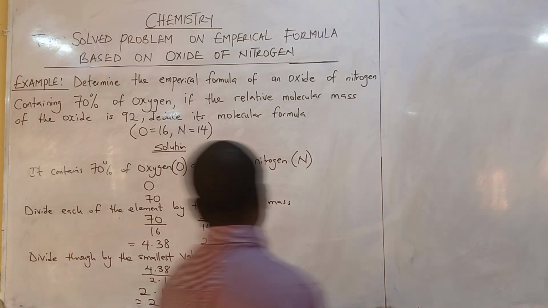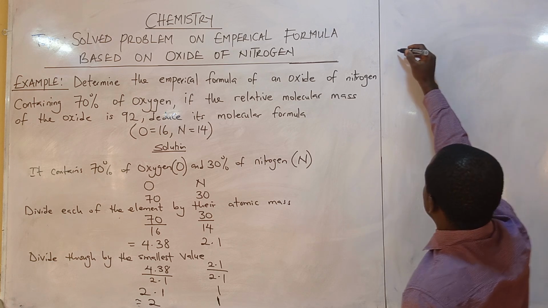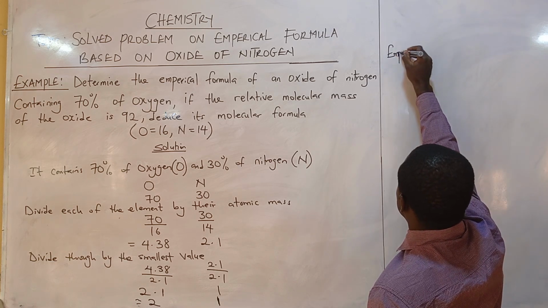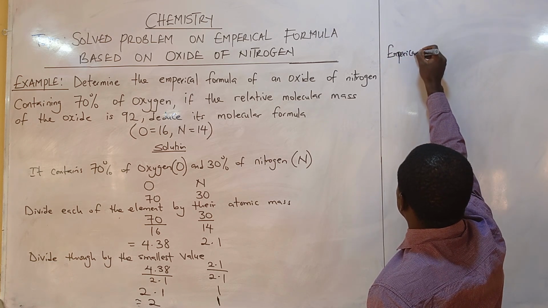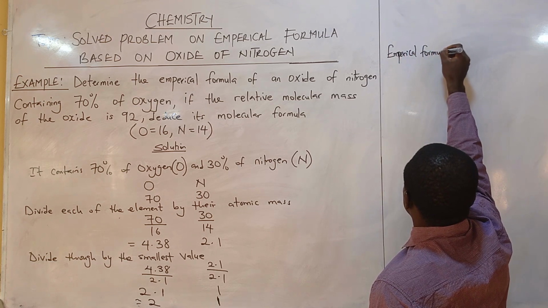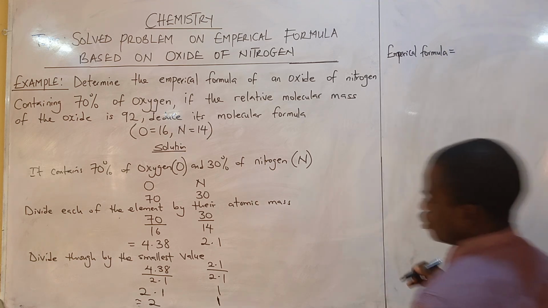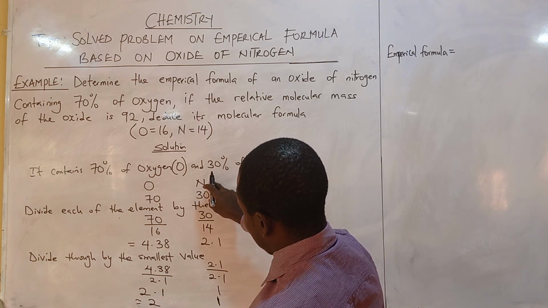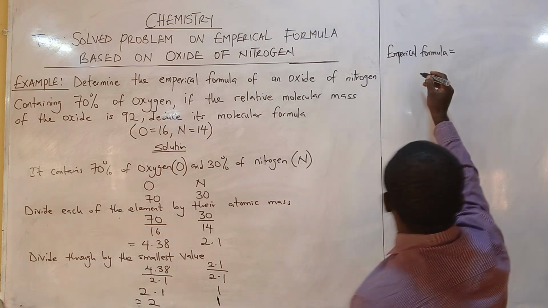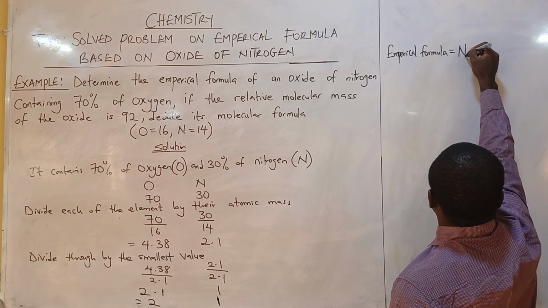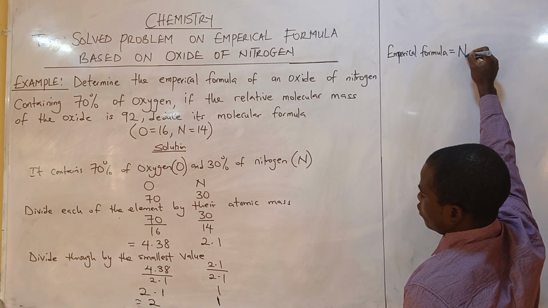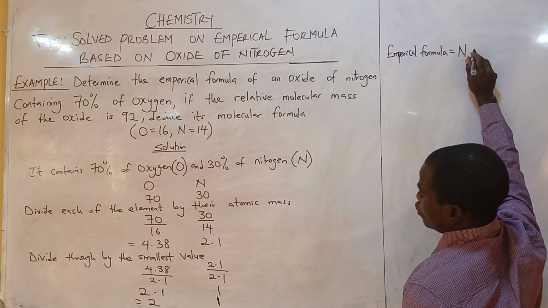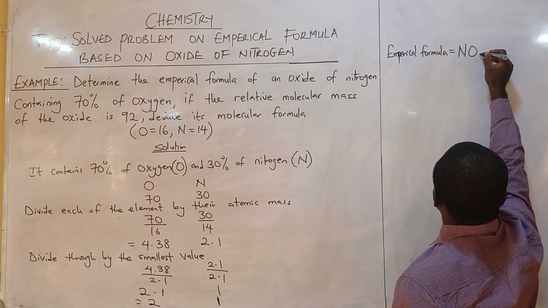Okay, from there we have the empirical formula. Since N will come before oxygen when you are writing it down, N is 1, oxygen is 2, NO2.